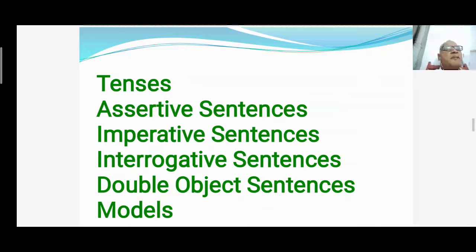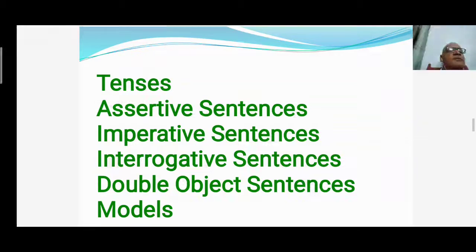Even double object sentences, where some sentences possess two objects, can also be changed from active voice to passive voice. And irrespective of tense, some sentences are written based on modals, and those can also be transferred from active voice to passive voice.